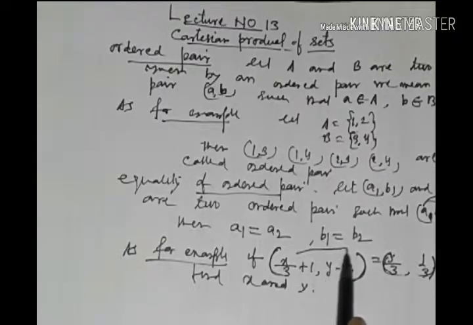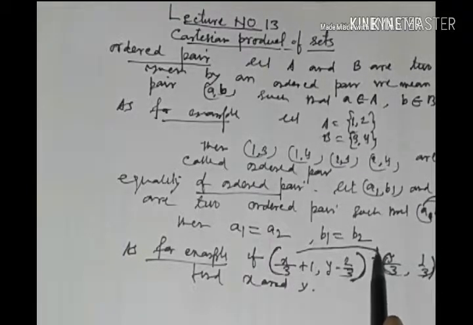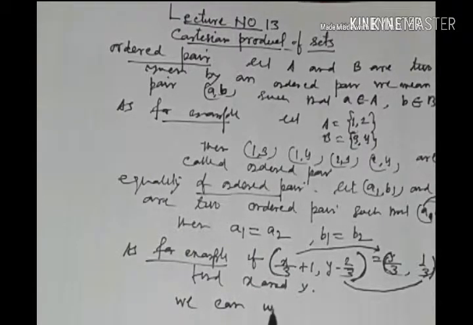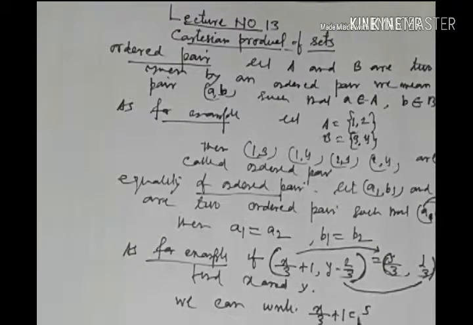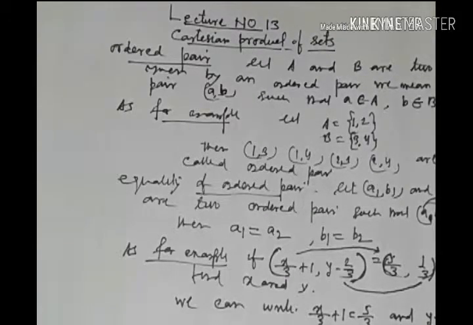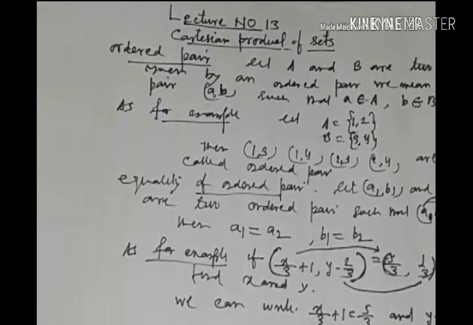Therefore, the first component x/3 + 1 must be equal to 5/3 and the second component y - 2/3 equal to 1/3. From this we can get x is equal to 2 and y is equal to 1.